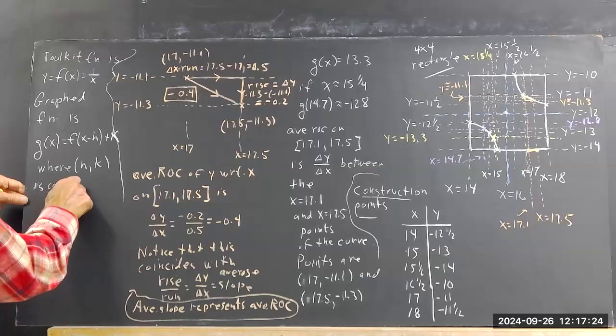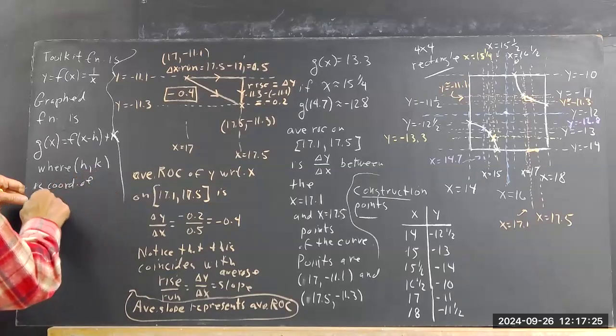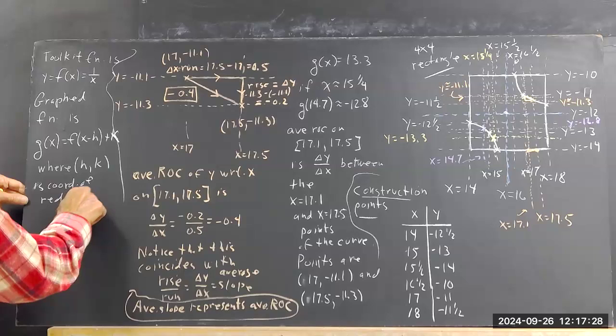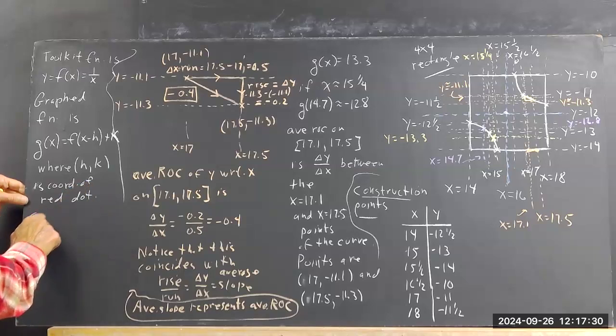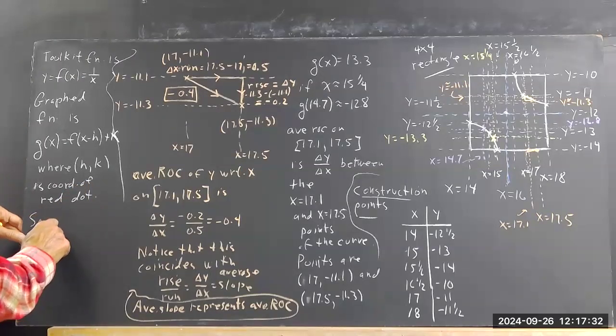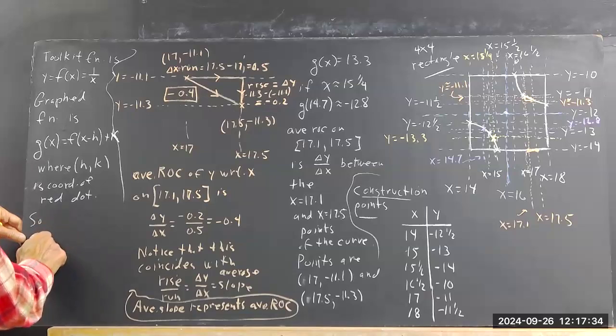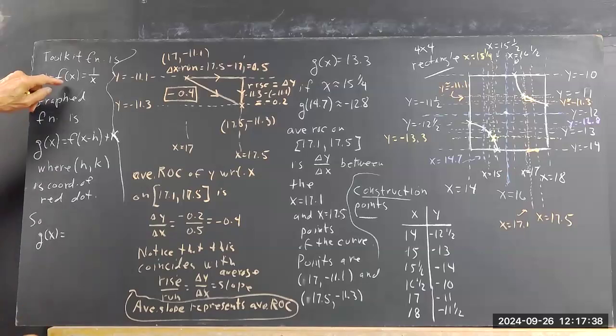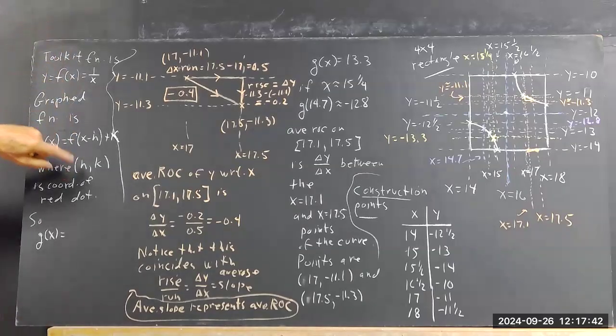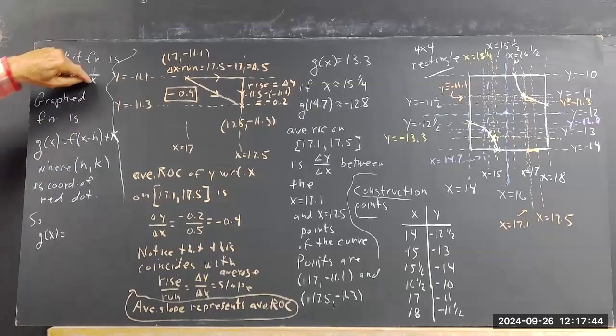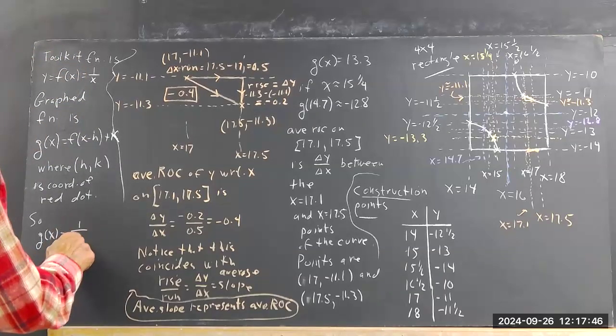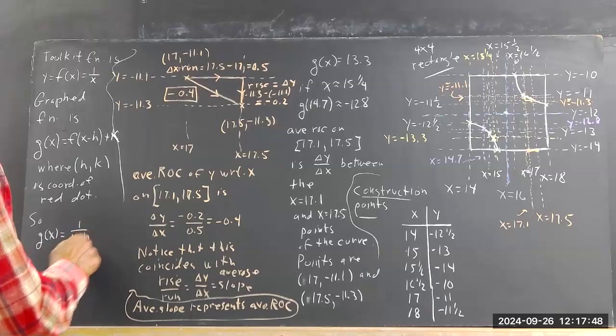Change the coordinates of the red dot. So u of x equals f of x minus h. If you replace x by x minus h, you have to replace this x by x minus h. So that's 1 over x minus h.